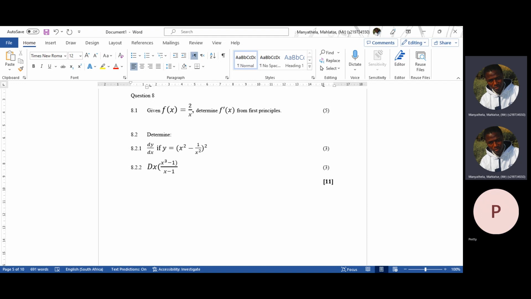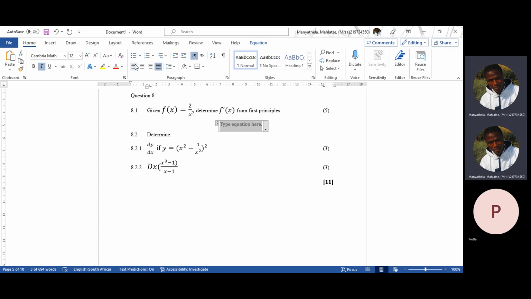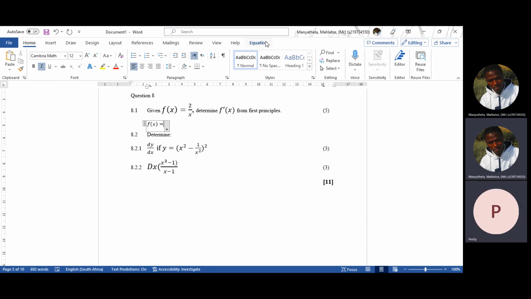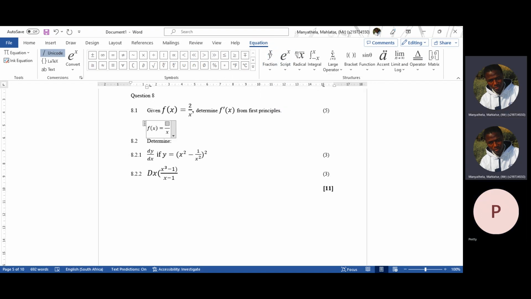So going to the next question, it says given f of x equal to 2 over x, determine f prime of x from first principles. We are given f of x equal to 2 over x. The first thing that we're going to do, we're going to determine f of x plus h.